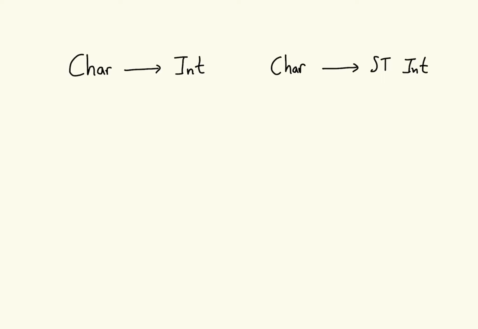So let's look at the first one. Over here we have functions from char to int. So what do these do? Well, we can think about these as just being a pure mathematical function, because that's what functions are in Haskell. We're going to take an input and we're going to give an output. The input's going to be something like a character c, and the output is going to be something like a number n.